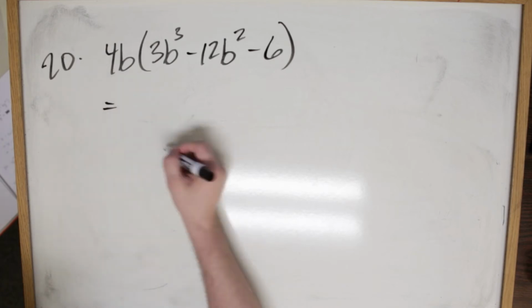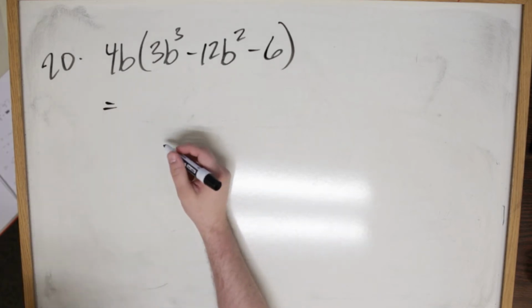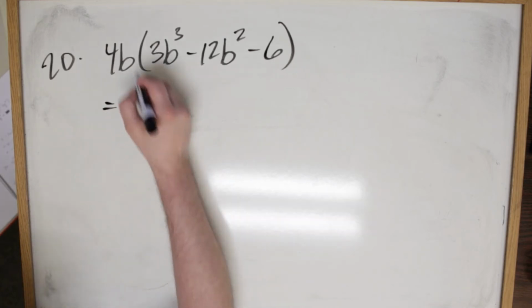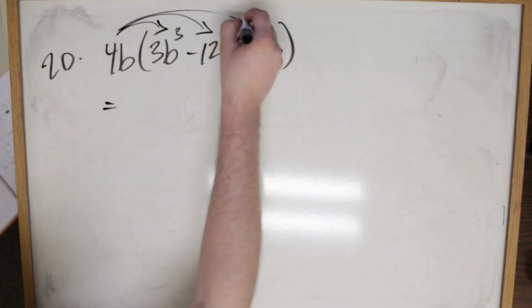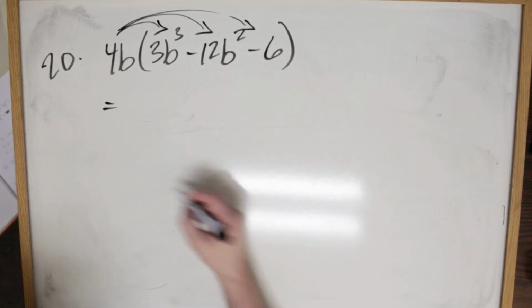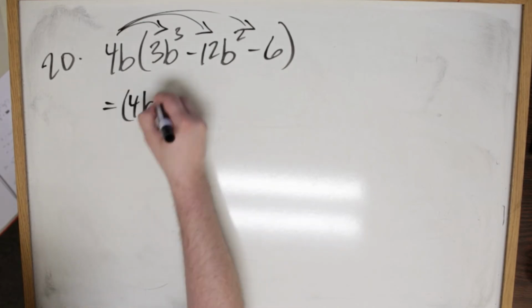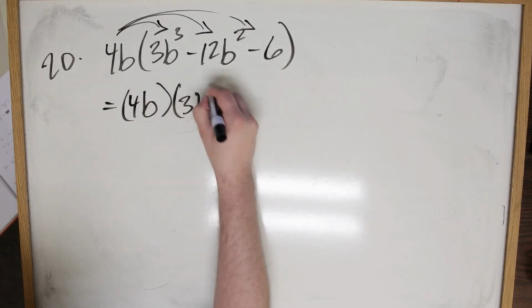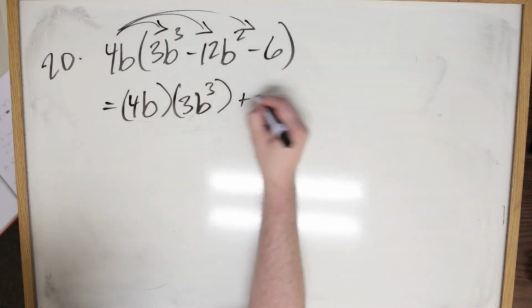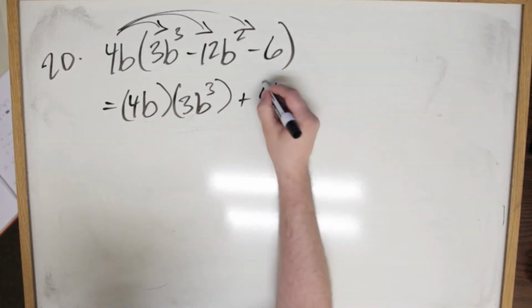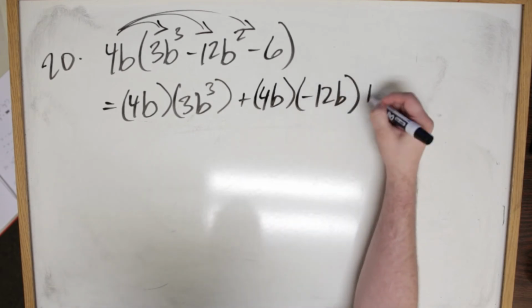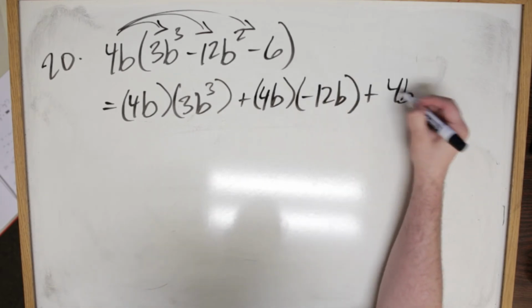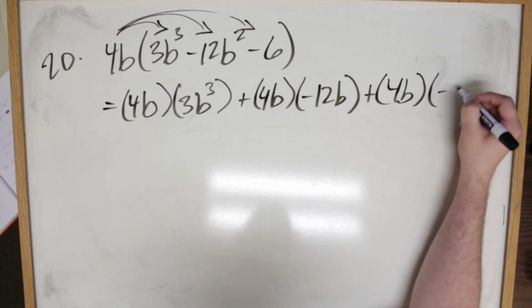This is equal to, now let's do the distribution again. This is going to multiply times each individual piece. Okay? So we'll have 4b times 3b cubed plus 4b times a minus 12b plus 4b times a minus 6.